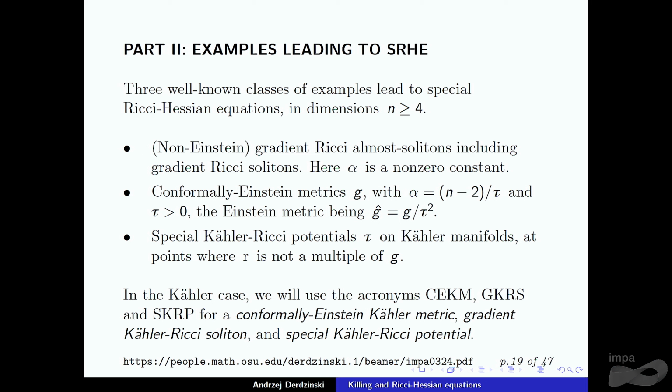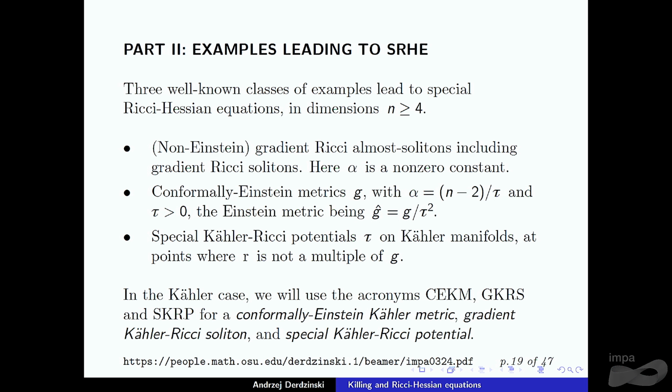So we have gradient Kähler-Ricci solitons. That's one class of examples. Secondly, conformally Einstein-Kähler metrics, or more generally, any conformally Einstein metric, because then you have such an equation with alpha equal to that particular function of the variable tau, and the Einstein metric is this.